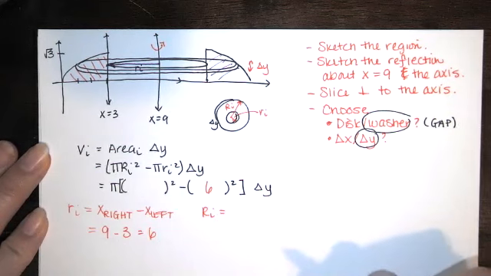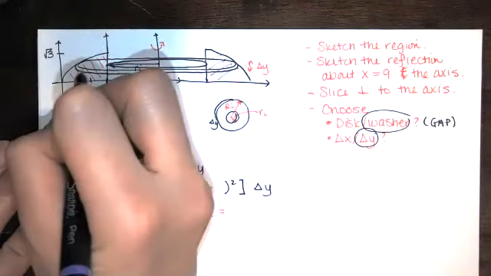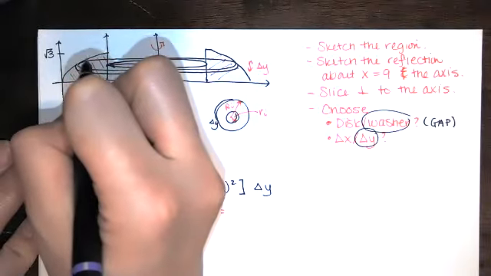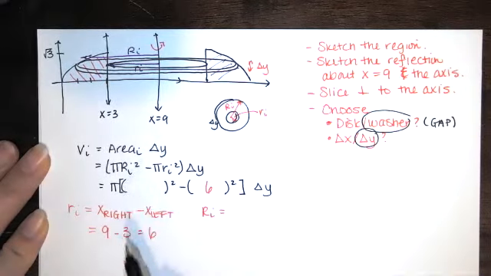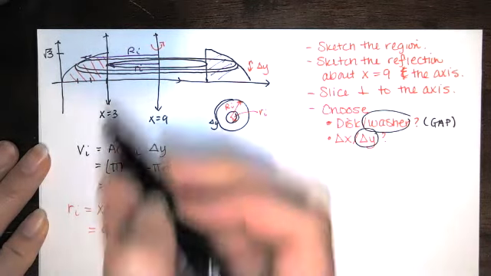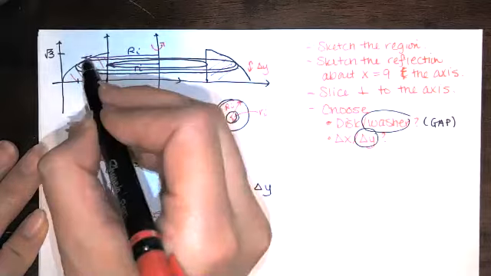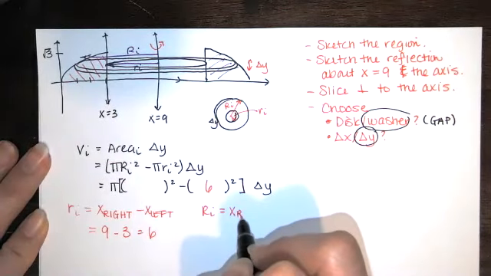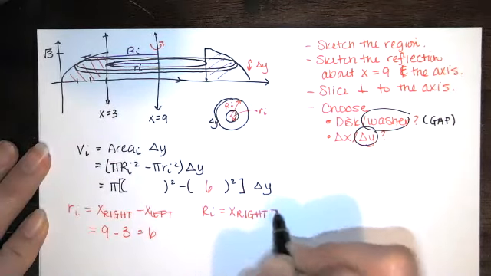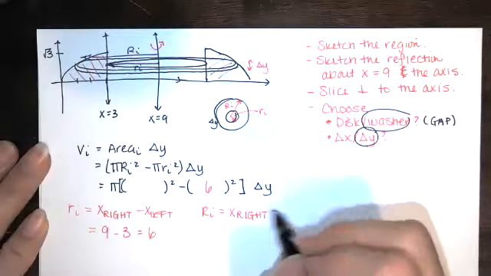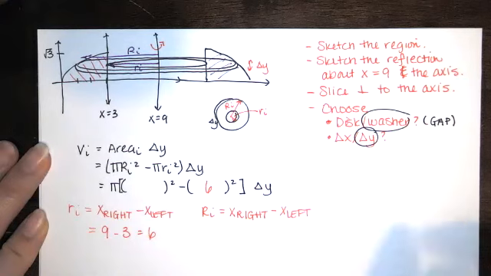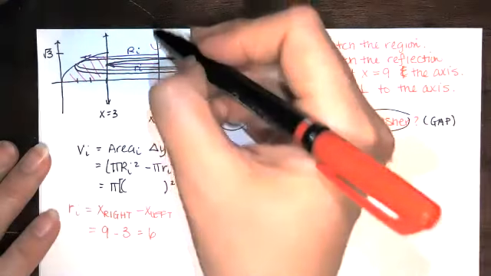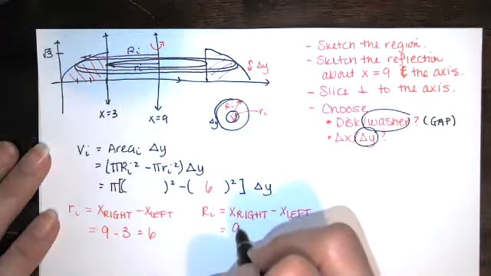And then we need our outer radius, our larger radius. Well, that changes from slice to slice. But we're still going to use an x value on the right minus an x value on the left, larger minus smaller. The larger x value here is 9.